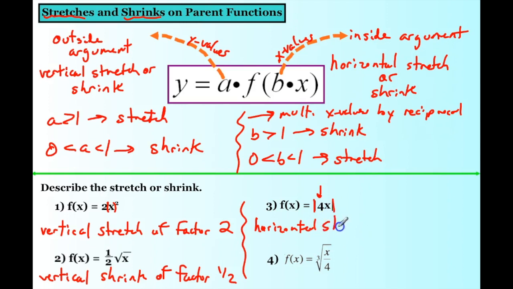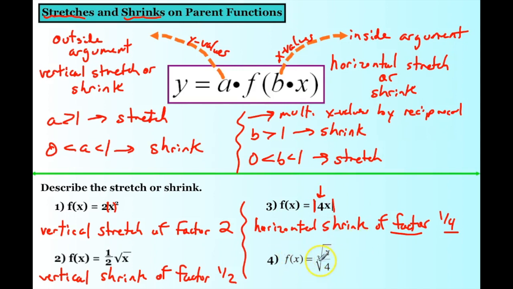So it would be a horizontal shrink of factor 1/4. When we list the factor, we list what we would actually multiply our x or y values by. So since it's a 4 inside, anything horizontal, I multiply my x values by its reciprocal. It'd be a horizontal shrink of factor 1/4.